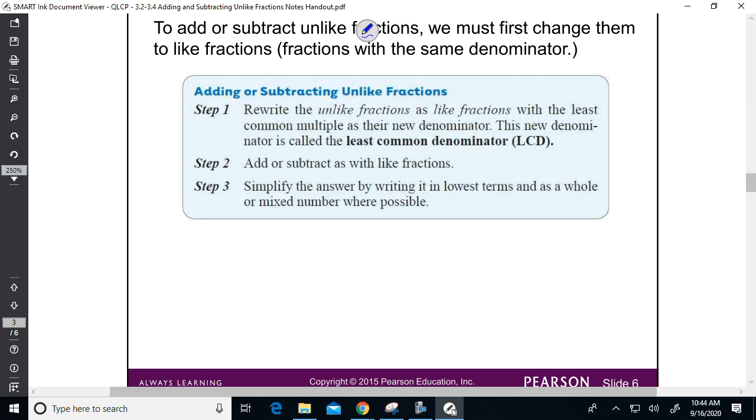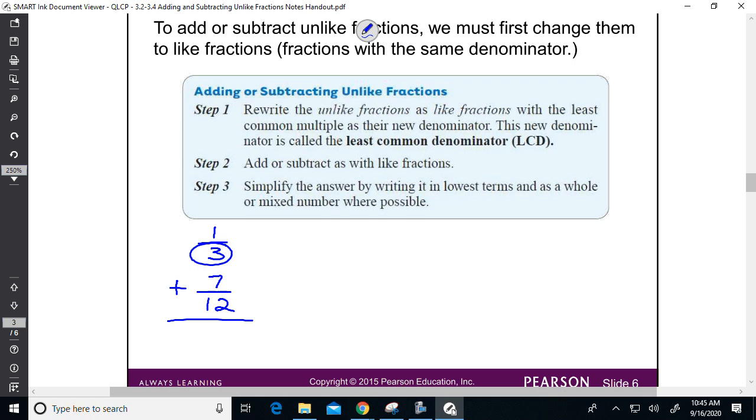So here's an example of the work we're about to do. 1/3 plus 7 over 12. We need the denominators to be the same. We cannot add these the way that they are.